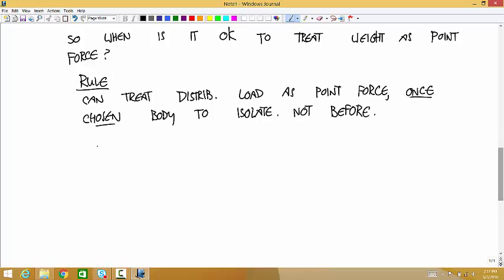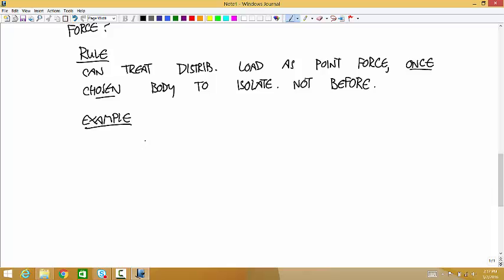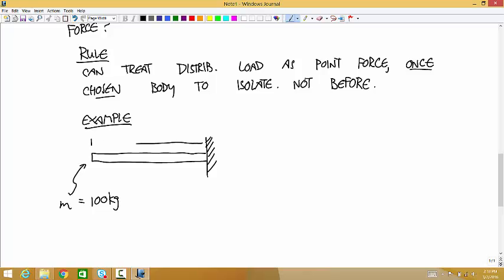So let me do an example with weight, and I'll show how this works. Let's say we have a cantilever that's not allowed to rotate about the z-axis, and let's say that it has a mass of 100 kilograms and a length of 2 meters.